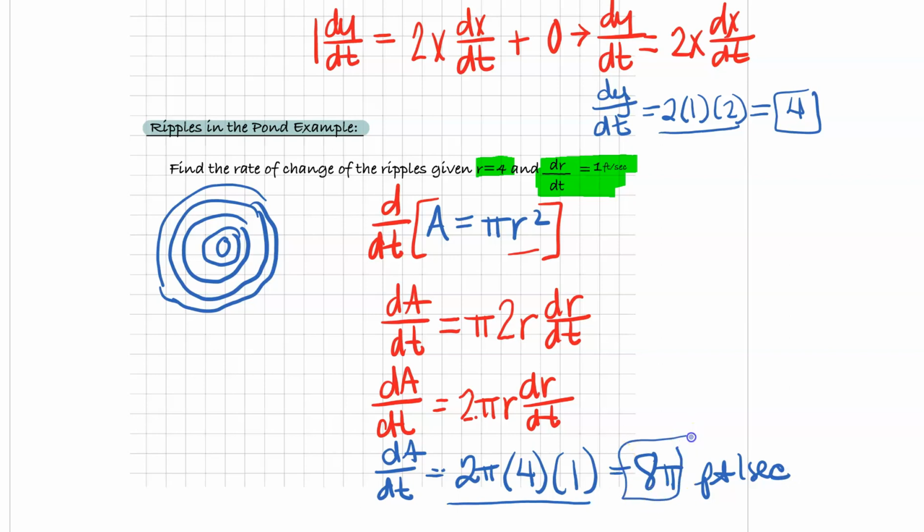Now I like exact numbers, so I would just leave it as 8 pi. Now if the instructions tell you, or underneath the answer blank tells you to round to 3 decimal places, okay, go grab your scientific calculator and use your pi button. But if it does not, just leave it as exact answers such as 8 pi. Exact answer, I didn't have to round it, and I get my answer.